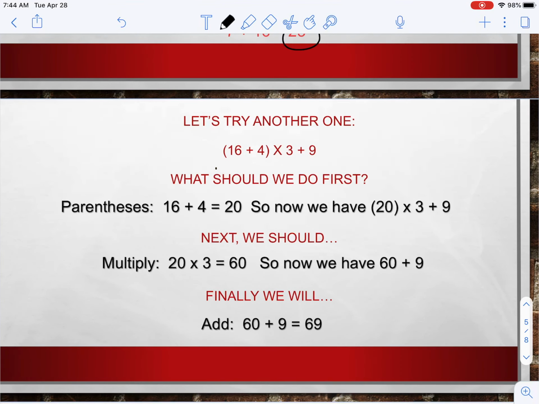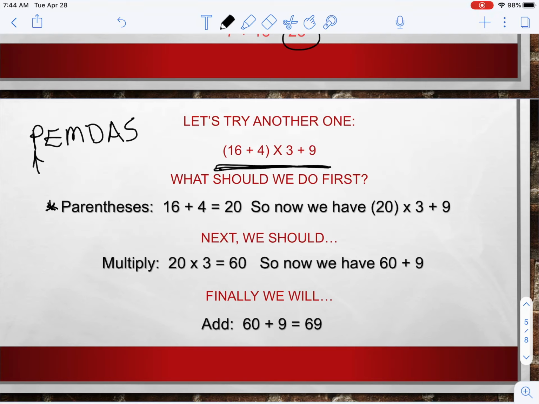So look at this. This is kind of what you're working with in this unit. 16 plus 4 in parentheses times 3 plus 9. What should we do first? We should do the parentheses first because P-E-M-D-A-S, parentheses.